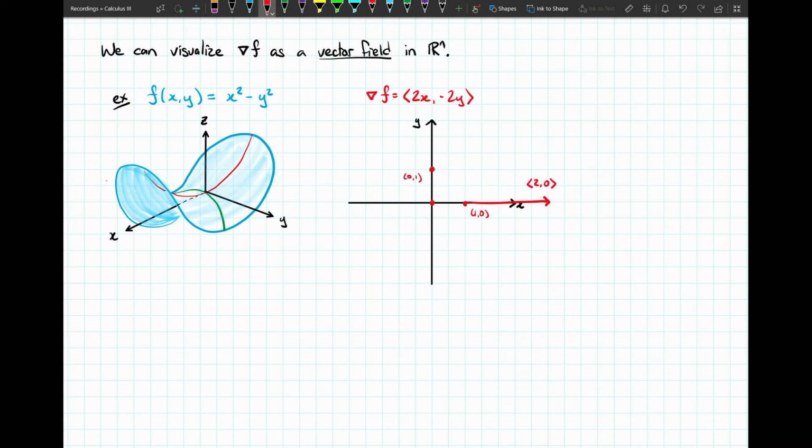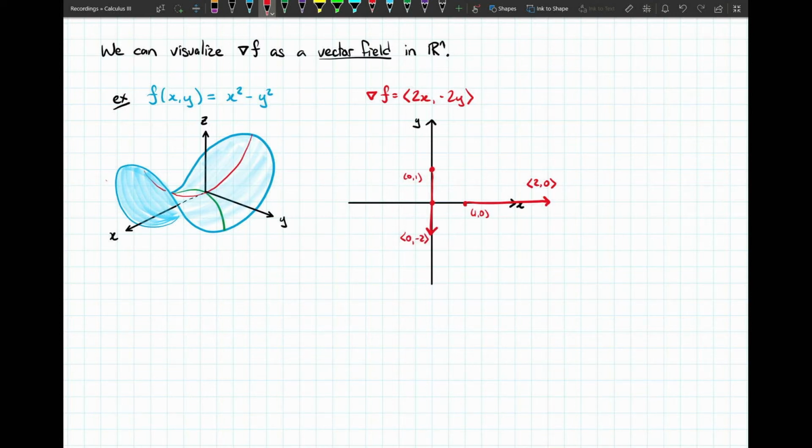If we want to plug 0, 1 into our gradient of f function, then we get the vector 0, negative 2. That's going to be a vector going straight through the origin, pointing 2 units downward from the point 0, 1. And we're always plotting these vectors with the initial point that is our input into the function.